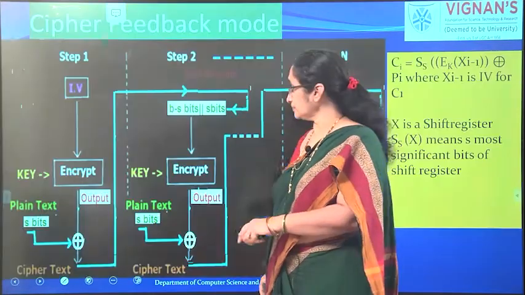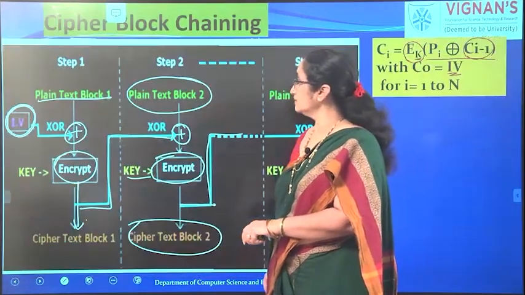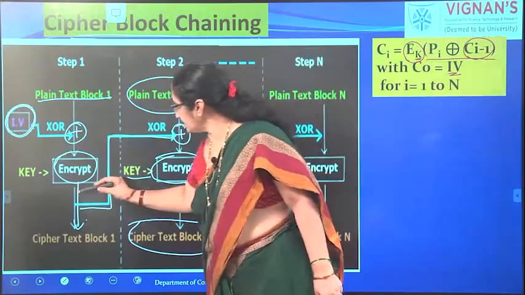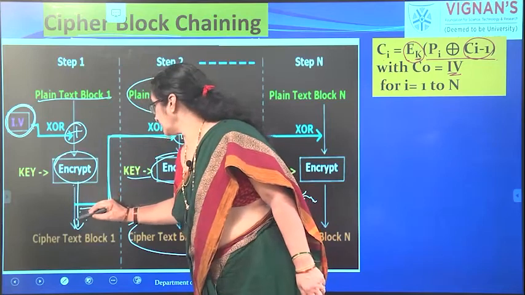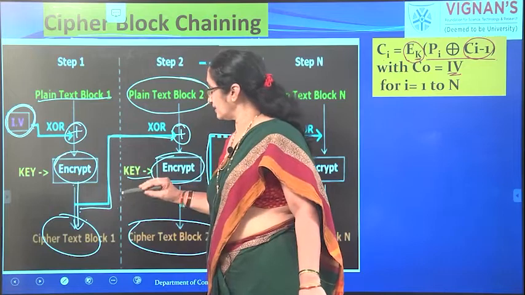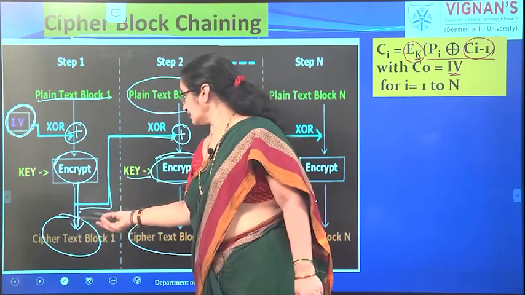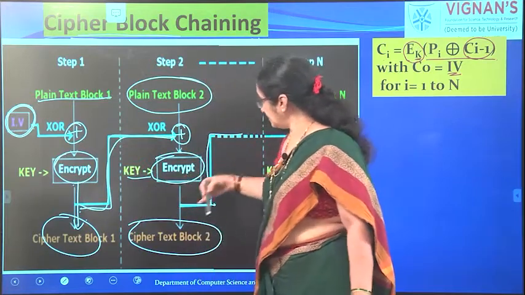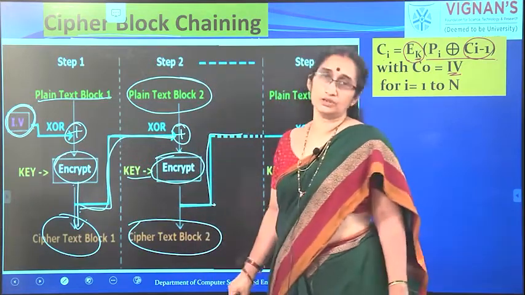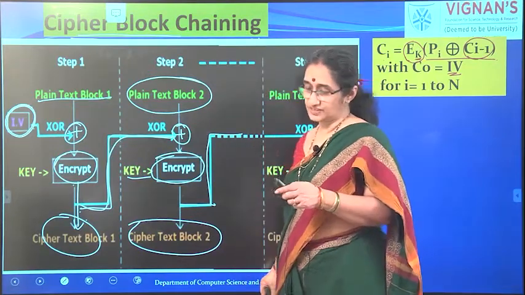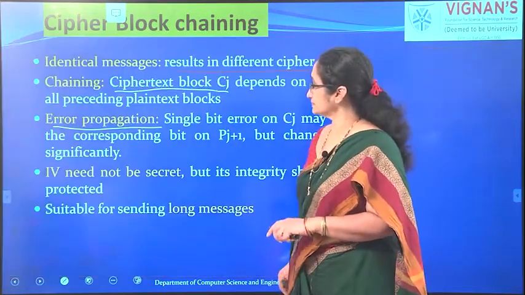Suppose there is a small error in this particular ciphertext, and during the transmission or during the calculation you have got an error. The same thing will be transmitted, and the errors will be transmitted to all the blocks. So, that is one of the limitations of this particular algorithm.